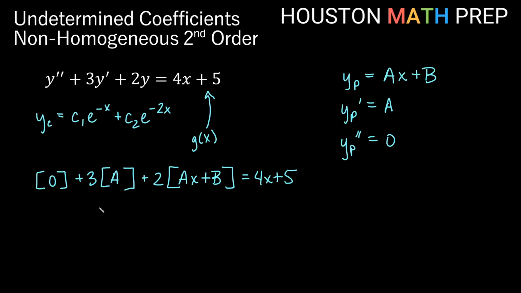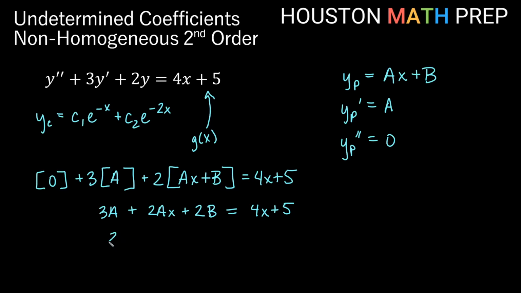Now let's go ahead and distribute and see what we have. So we have 3a plus 2ax plus 2b, if we distribute, is equal to 4x plus 5. Now at this point we want to compare coefficients of each term on both sides. So I'm going to go ahead and combine like terms, my 3a and 2b. Those are constant terms.